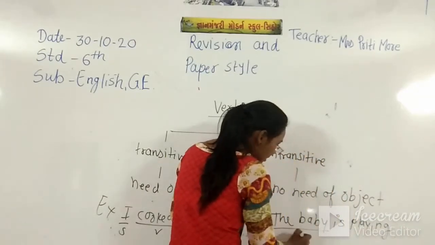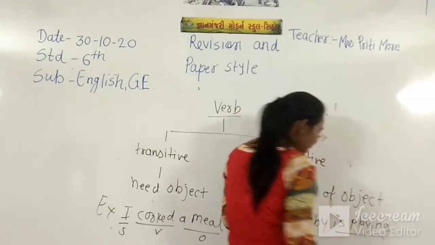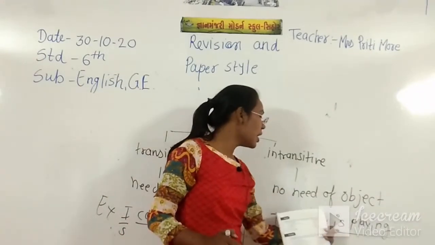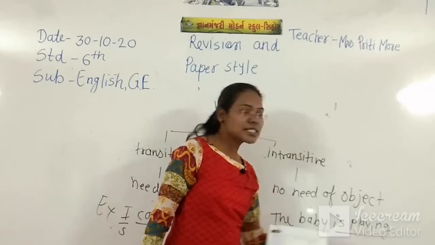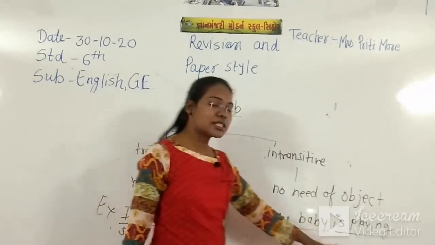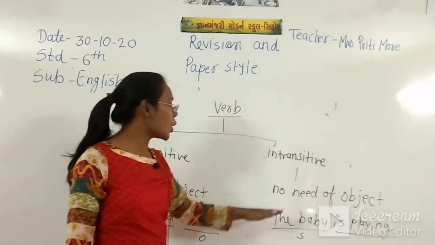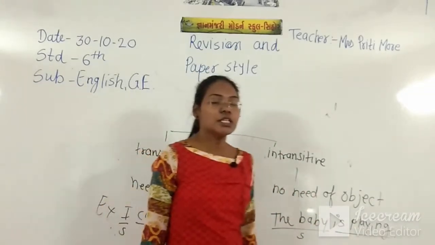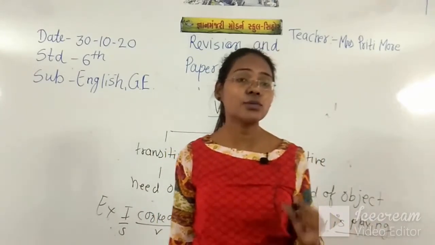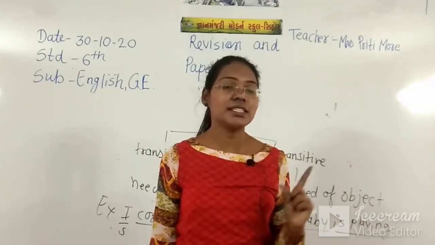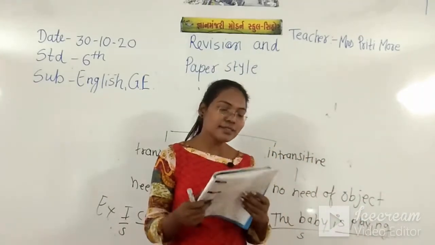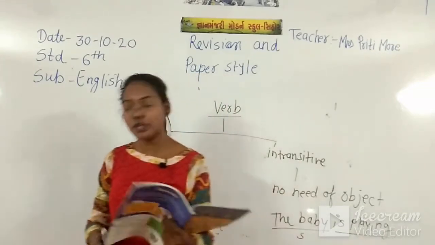This baby is the subject, and is playing is the verb, where is is the auxiliary verb. Object is not there, but then also the sentence is completed, so it is called intransitive verb. So before identifying transitive and intransitive, you have to see whether there is an object or not. So these 7 units you have in your exams.